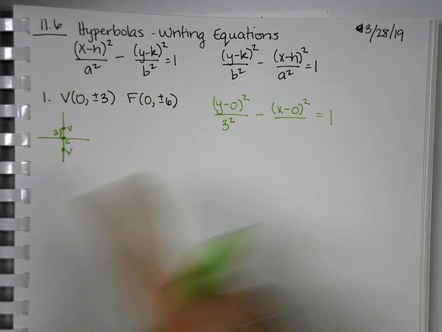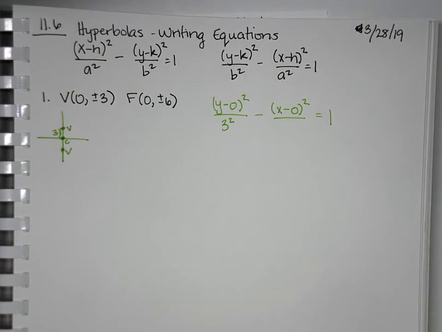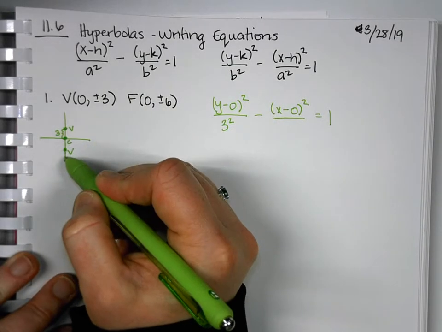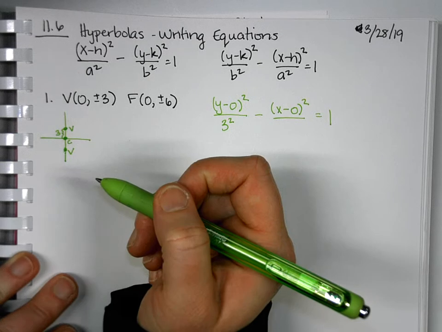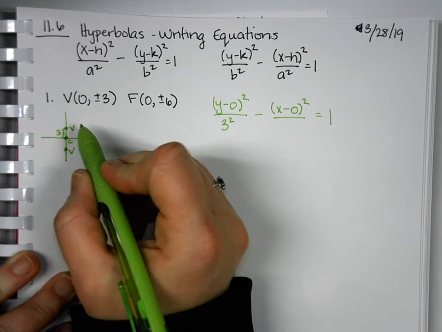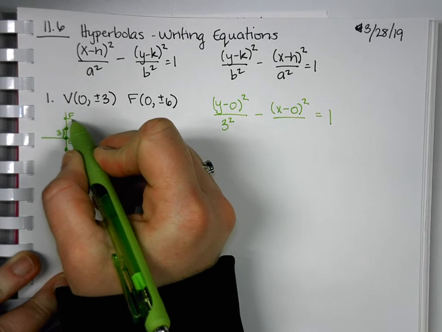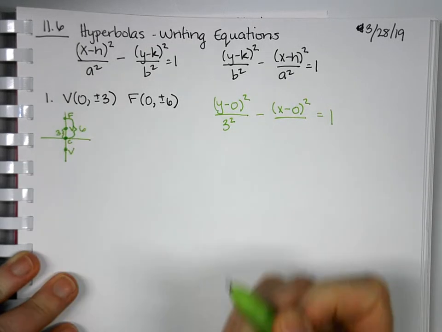So now I just need to figure out what my a squared is. Well, we are going to use the foci, because I haven't done anything with them yet, and they never give you information that you don't need to use. So if I go and plot my focus here, I know that this distance is 6.